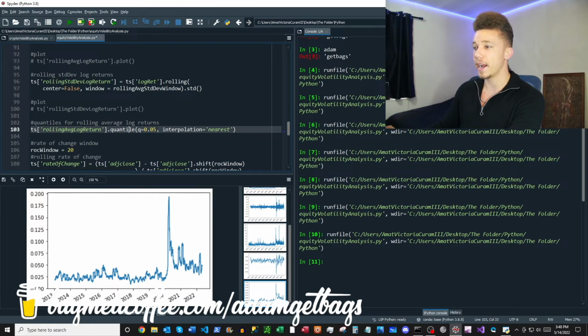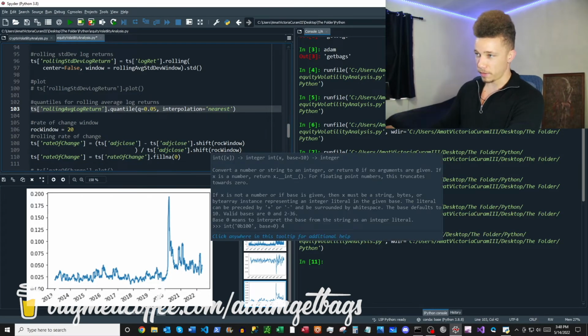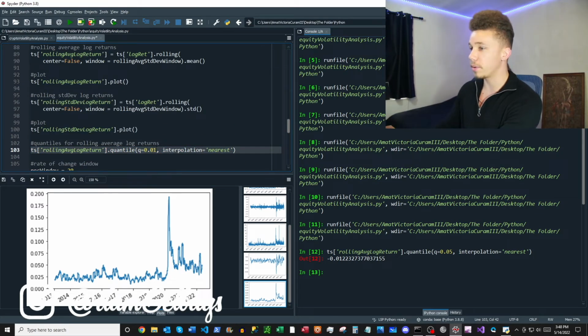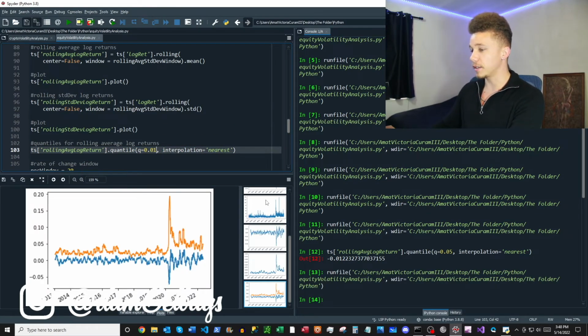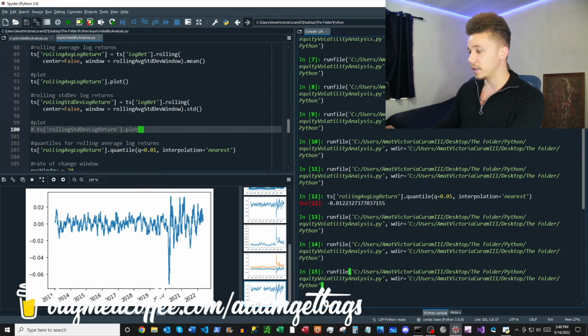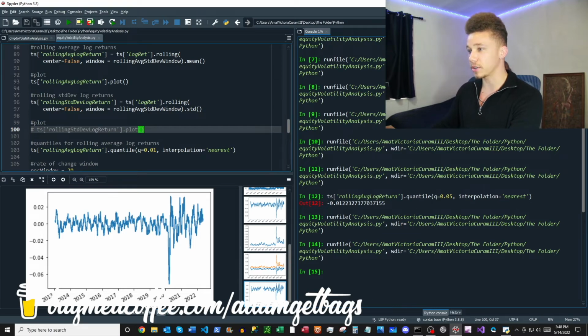Of course, how could I not throw in the quantiles? If we're looking at rolling average log return, we're going to find the bottom 5% quantile, the nearest value. I don't like that. Let's look at the bottom 1% rolling average log return. So we're looking at that rolling window, but we want to find values that are in the lowest 1%. This could be a flag for a screener.